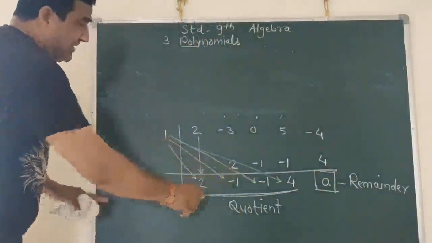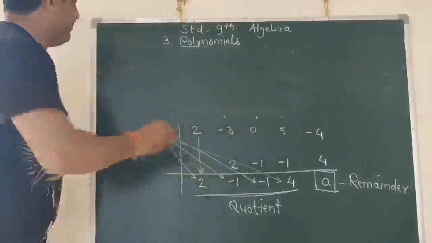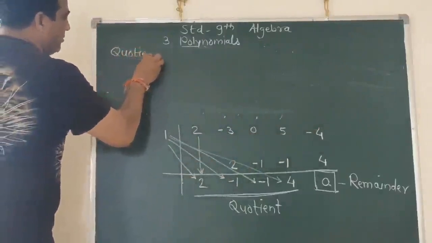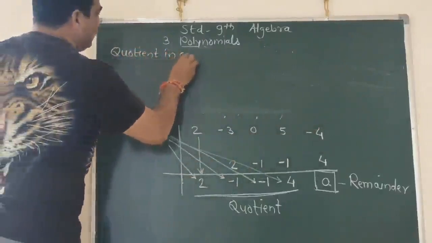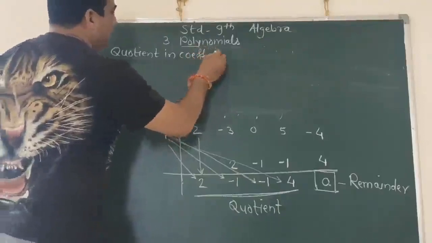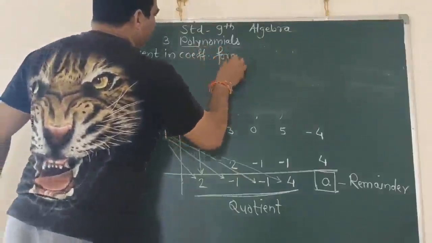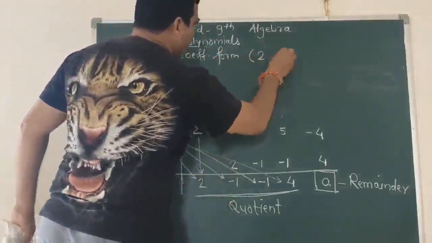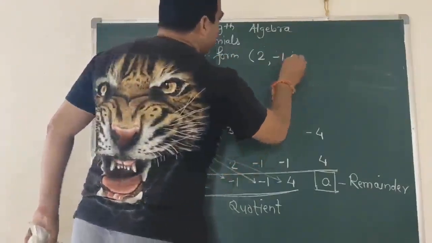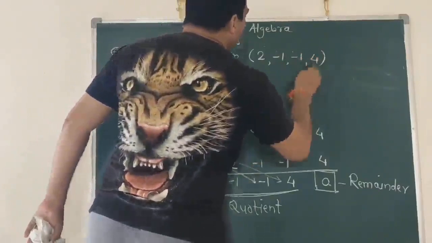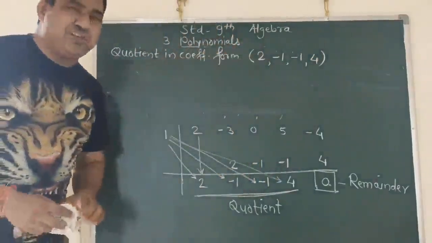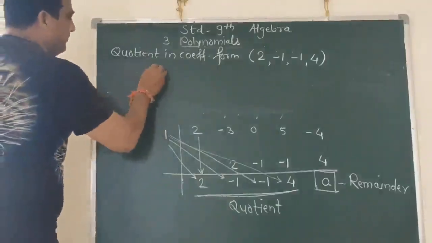That quotient is in coefficient form. So here I write the coefficients 2, minus 1, again minus 1, and then 4. That is the quotient in coefficient form. Now convert this quotient into index form.